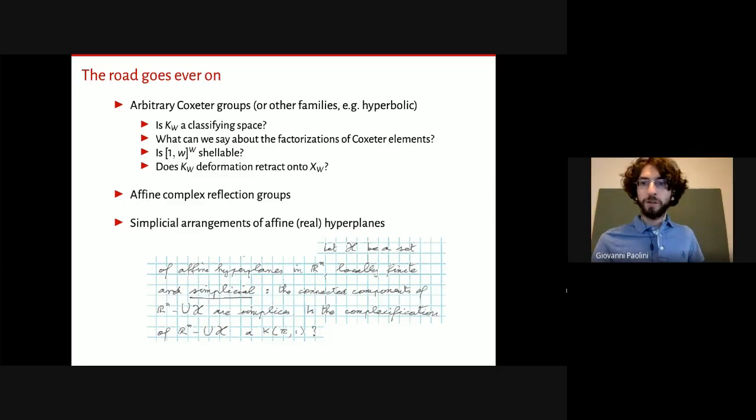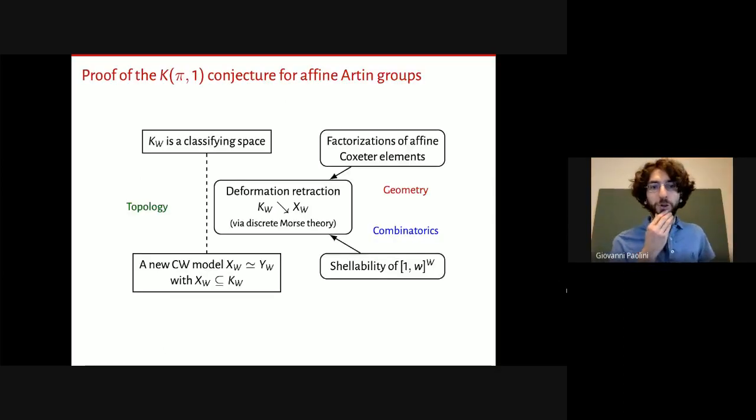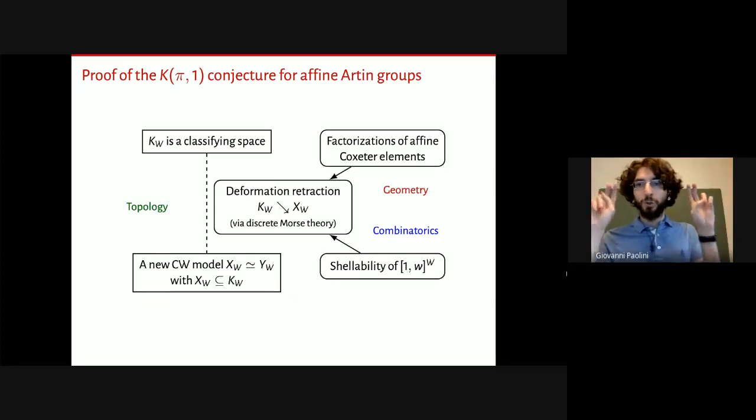However, there is one thing. If I go quickly back to this diagram here, the only thing that we did for a general Coxeter group is this part over here. So this construction of a CW model, a dual CW model for the configuration space, we did that for any Coxeter group.